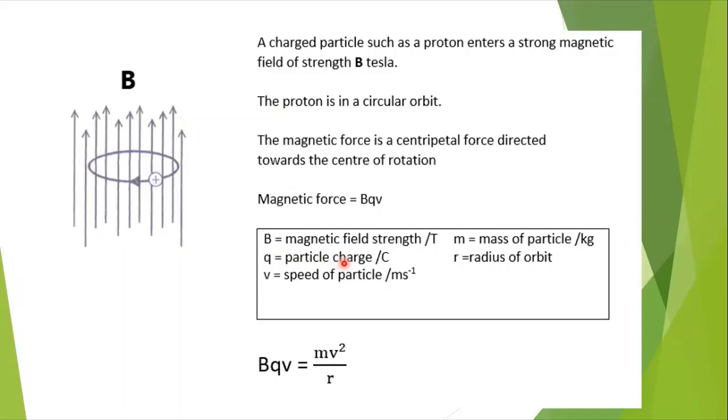If it's a proton, it's the same as the charge on an electron, which is why I said e. V is the speed of the particle, so BQV or BeV. m is the mass of the particle in kilograms, and r is the radius of the orbit, of course, in meters. So we would say that BQV equals mv squared over r.